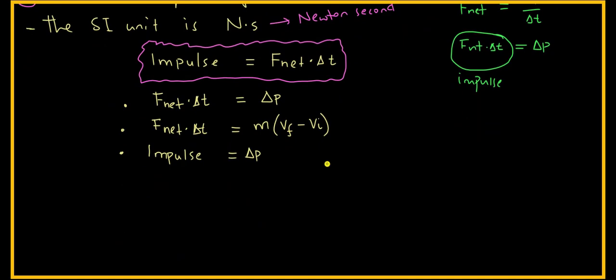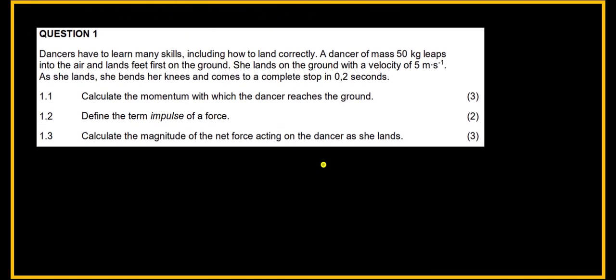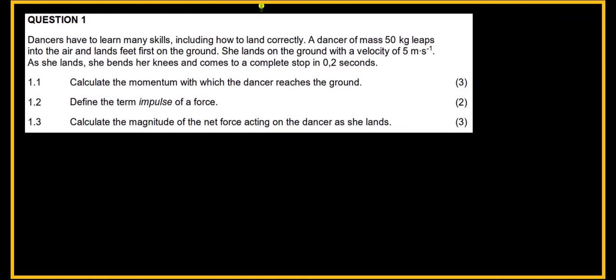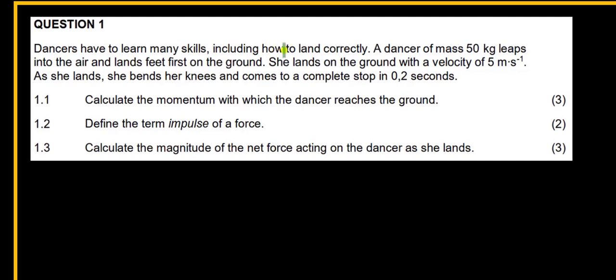Let's have some calculations. Let's have an example here. In this question, we're told dancers have to learn many skills, including how to land correctly. A dancer of mass 50 kg leaps into the air and lands feet first on the ground. She lands on the ground with a velocity of 5 meters per second.